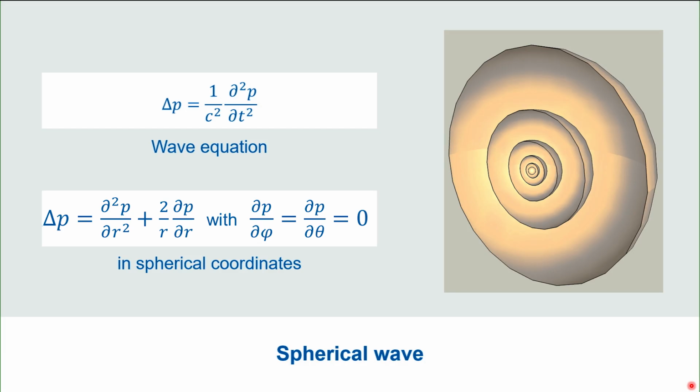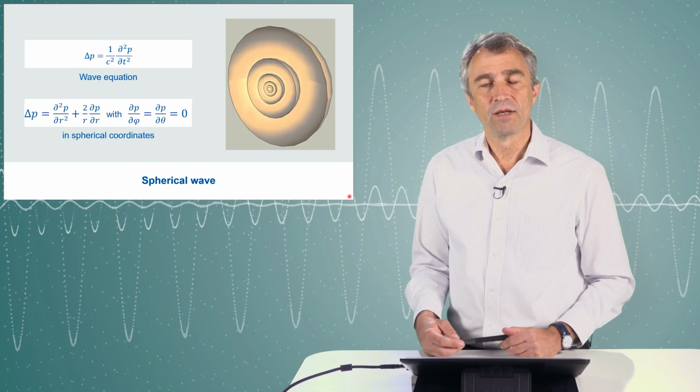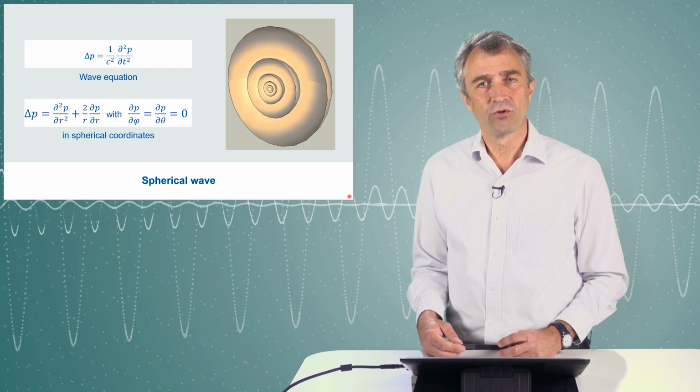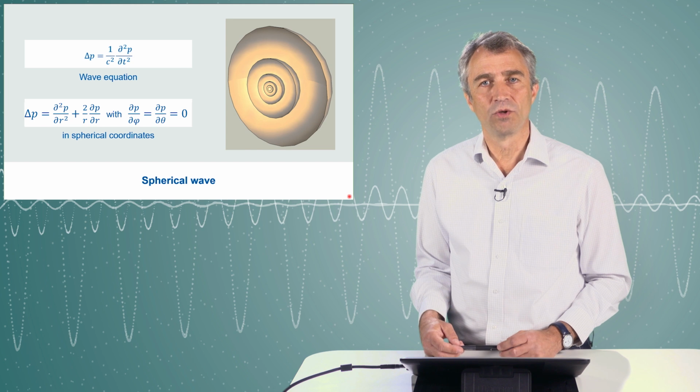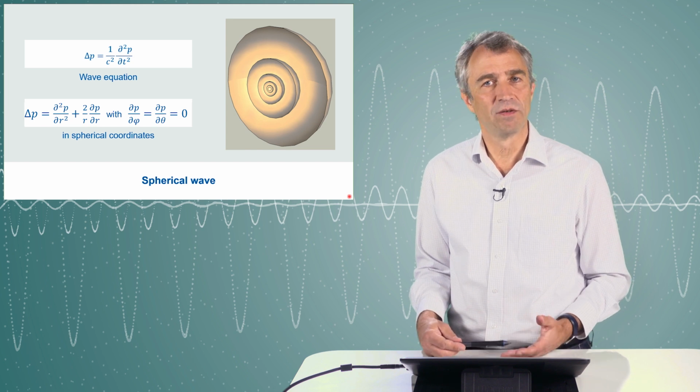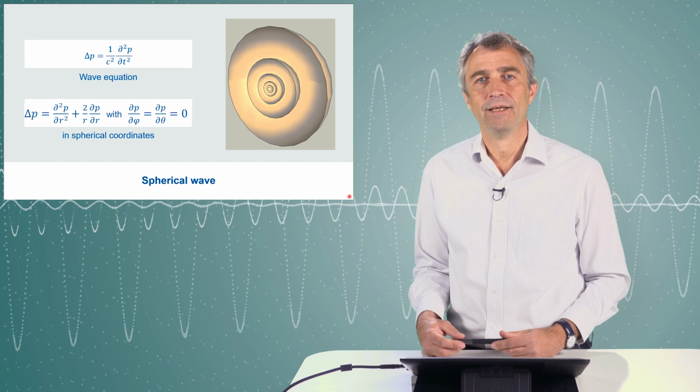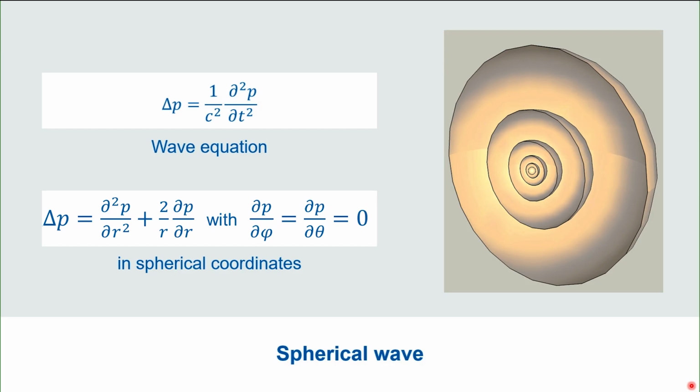This equation will lead to omnidirectional radiating sources, usually called a point source. A point source can be always considered when the actual source size is small compared with the wavelength. So even the human voice as a sound source or any loudspeaker as a sound source can be considered as a point if it is small compared with the wavelength.